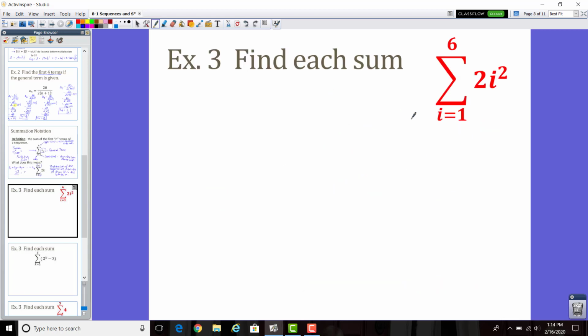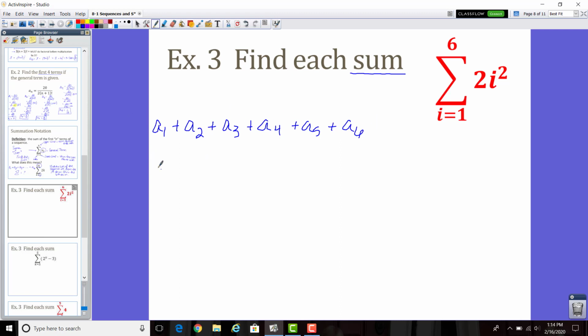So find the sum of the sequence 2i squared from the first term through the sixth term. That means I need term 1, term 2, all the way through term 6, so that I can then add them up to find the sum that they are asking for. Now, if you have to have the value of 6 terms to get the correct sum, then that means these are very crucial.